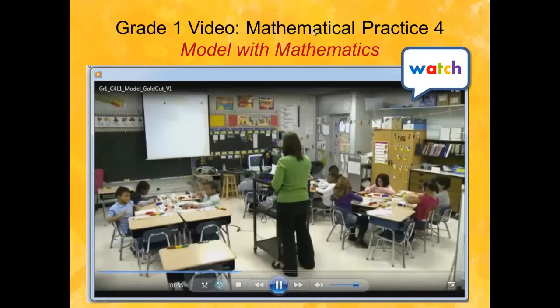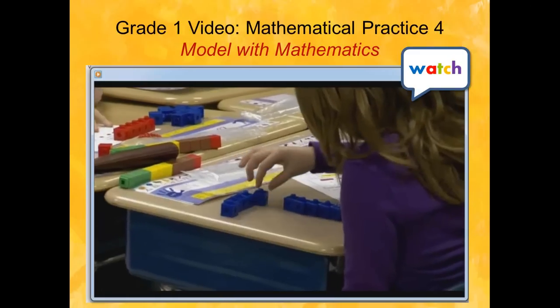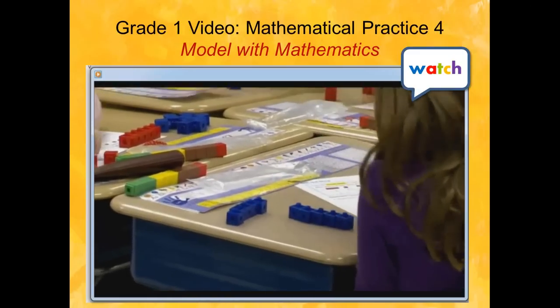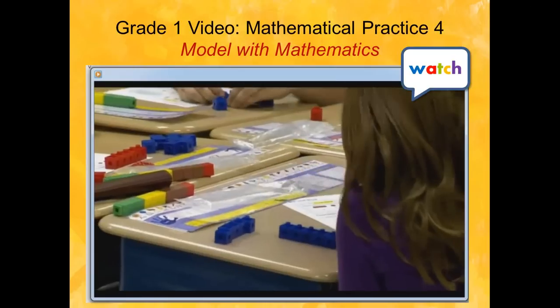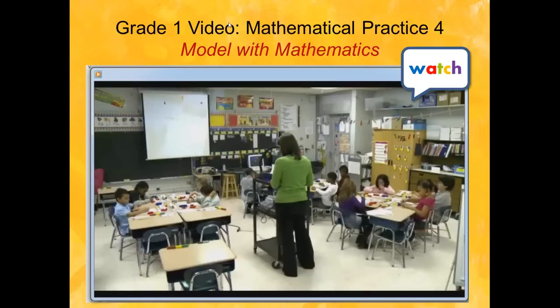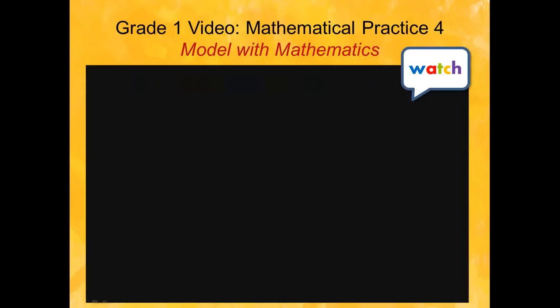Ready? Start with 8. We're taking 3 away. So it's 8, 7, 6, 5. Good. Let's write it down on our paper. We started with 8, and we're writing 7, 6, 5. Took those away. So 8 minus 3 equals 5. Very good.